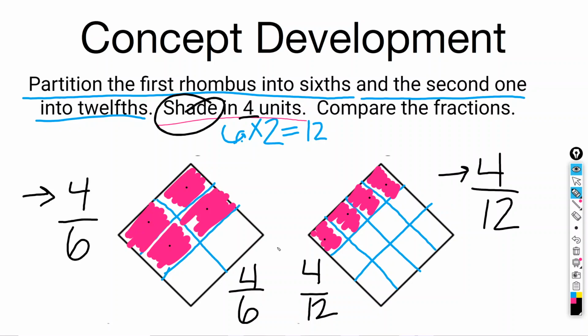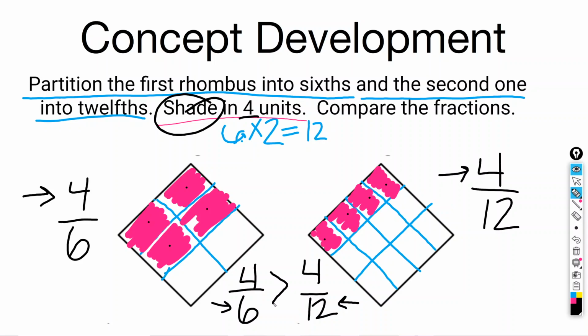If you look at one piece compared to one piece over here, these pieces are bigger. So the smaller the denominator, which is the number on bottom, the bigger the pieces. So that means that 4 of these pieces are going to be bigger than 4 of these pieces. So this fraction is the bigger fraction, so we're going to do a greater than symbol.